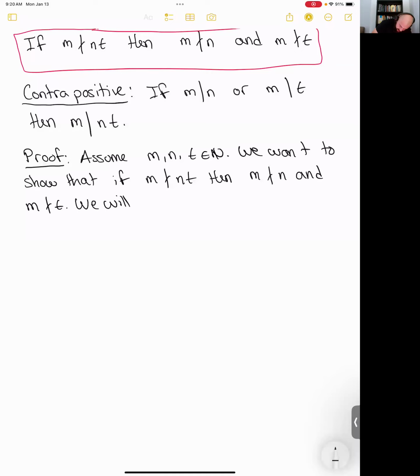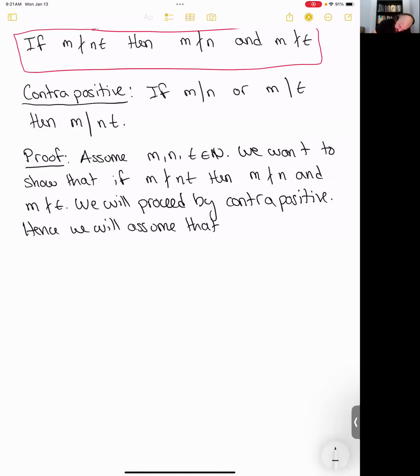We will proceed by contrapositive. Hence, we will assume that m divides n or m divides t.